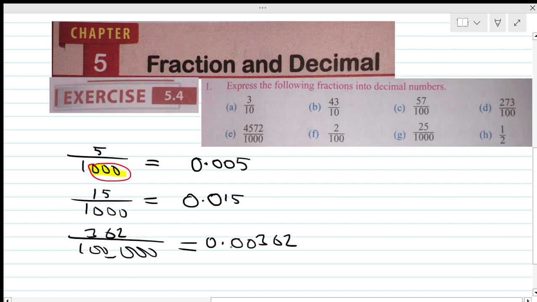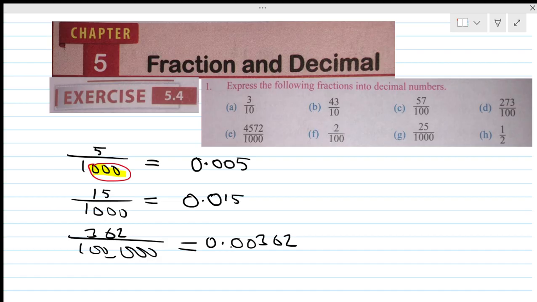So it's 0.00362. This is the first concept that you need to understand when converting any given fraction into decimal directly.